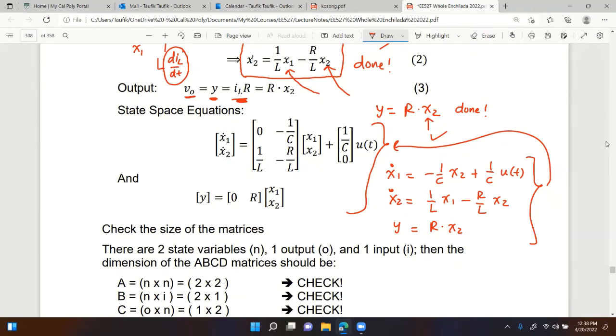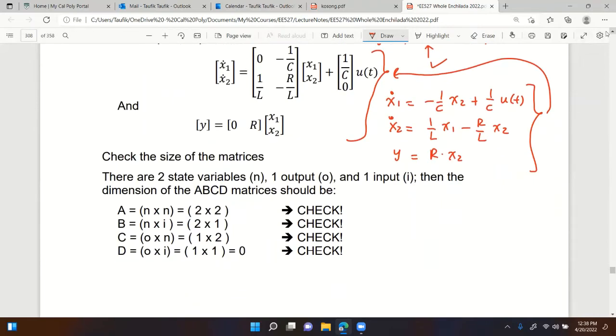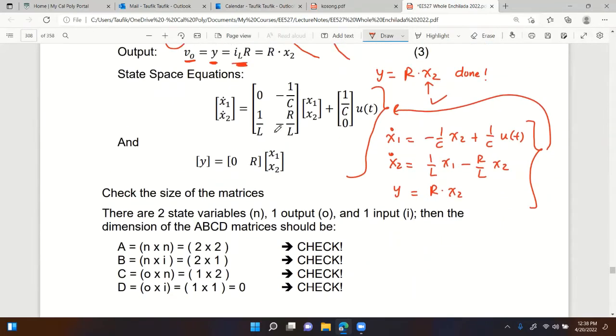Then once you form the state space equations, you can check the size of the matrices. Matrix A was supposed to be 2 by 2, and that's what I have, 2 by 2. And matrix B is N by I, so 2 by 1.